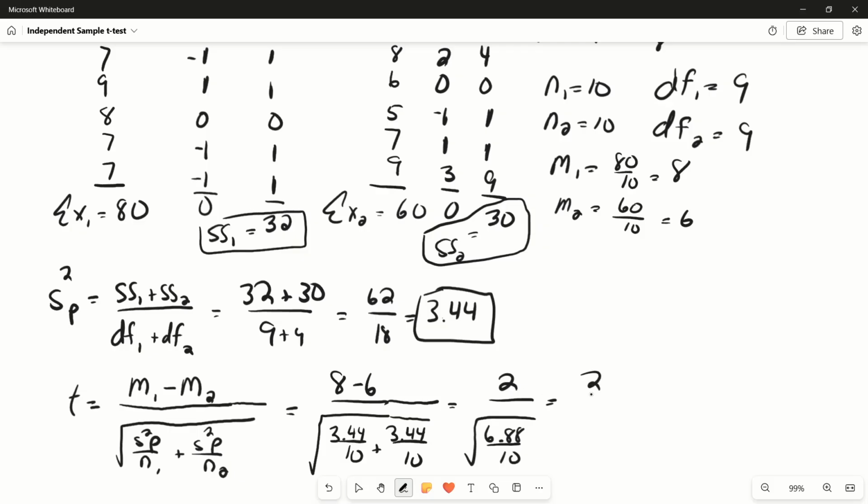Simplifying this gives me 2 over, move the decimal point, square root of 0.688, which then gives me 2.41. That is my t value.